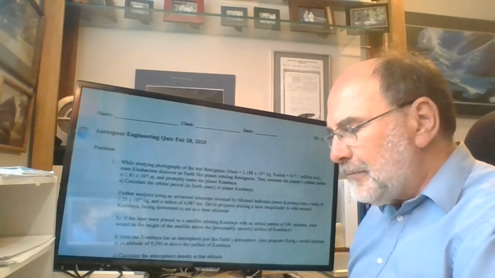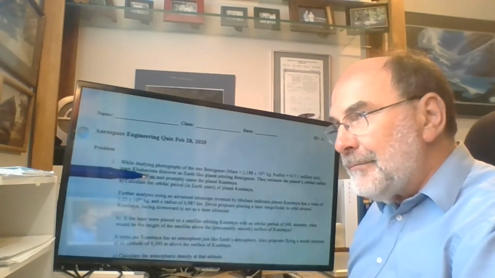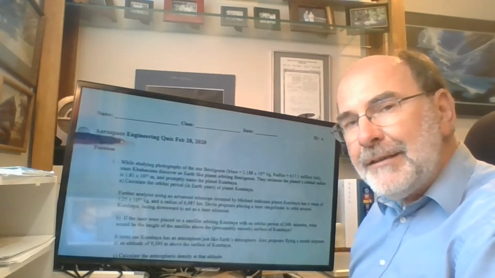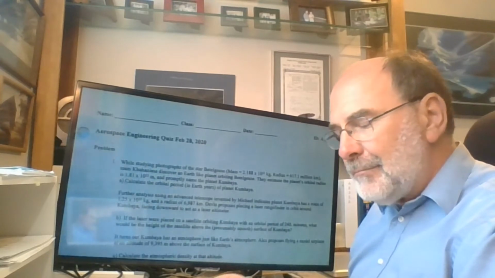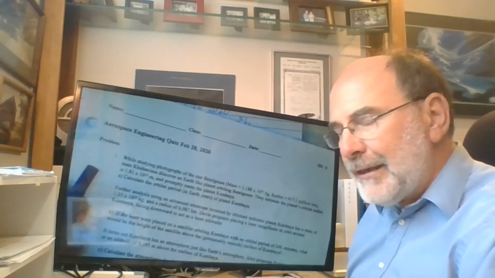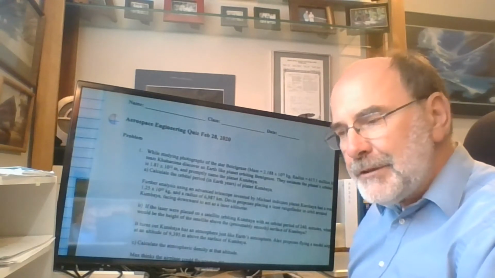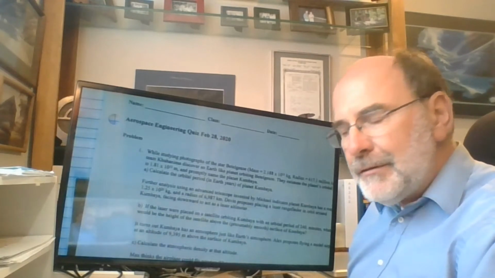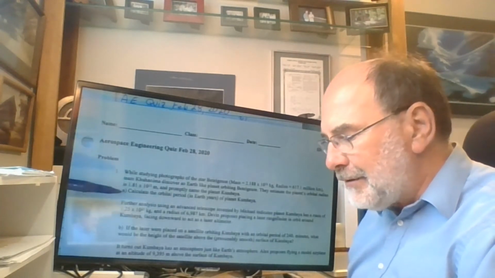We have a beautiful map somewhere in the science building of the surface of Mars that was generated by a laser altimeter looking downward on the surface of the planet and pinging it, measuring how much time it took the light to go down and come back up, and using distance equals rate times time, calculate the surface elevation of the planet Mars. And it became a nicely detailed map.